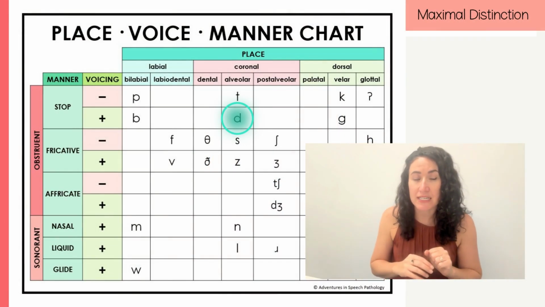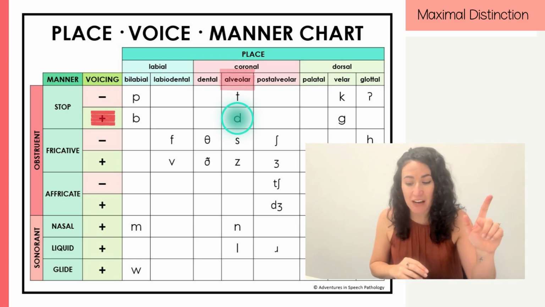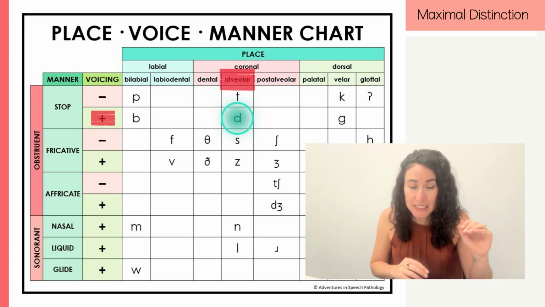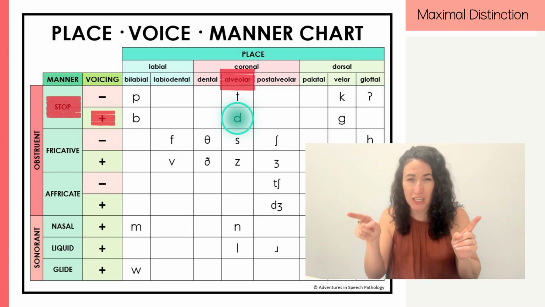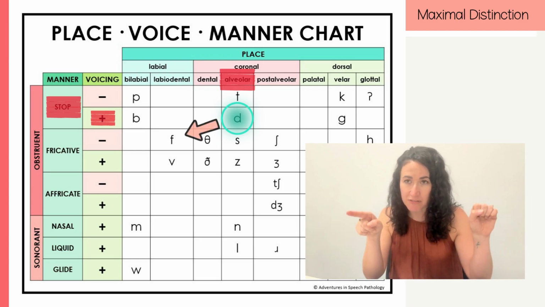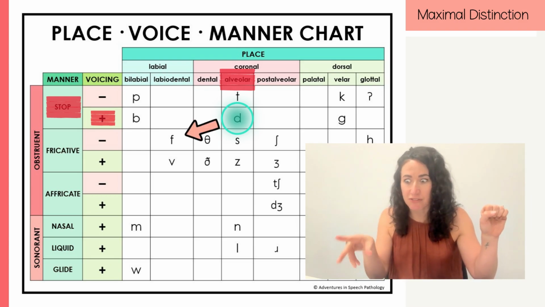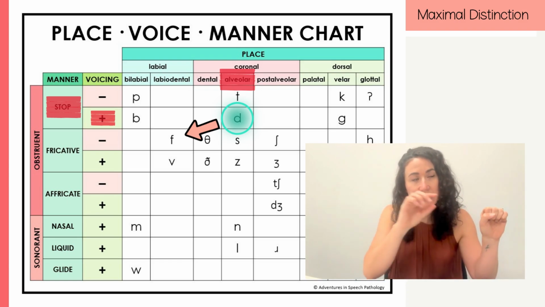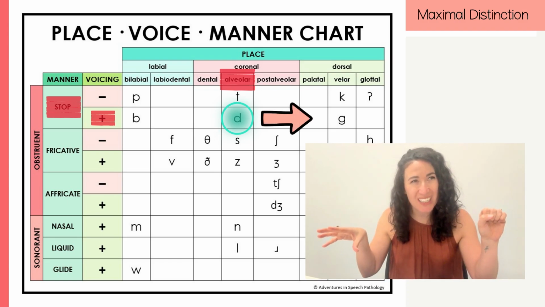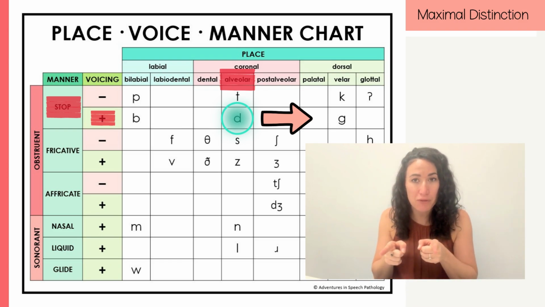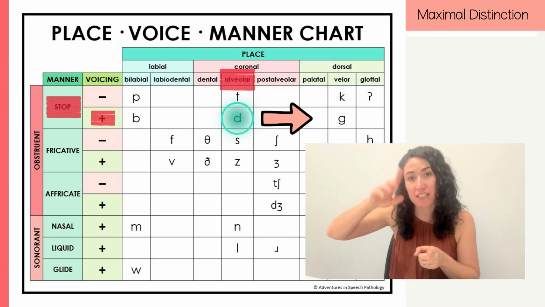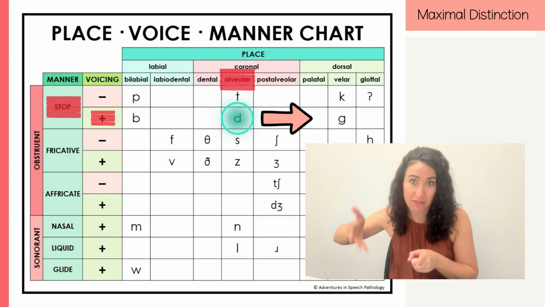So I know D is voiced, I know it's alveolar in terms of its place of articulation, and in terms of its manner, I know it's plosive. So I'm just going to be checking off, is that different to F? Yep, it's very, very different in all those place, voice, manner. How different is that to G? Well, okay, they're both voiced, and they're both plosives, but it's a different place of articulation, which is alveolar, okay?